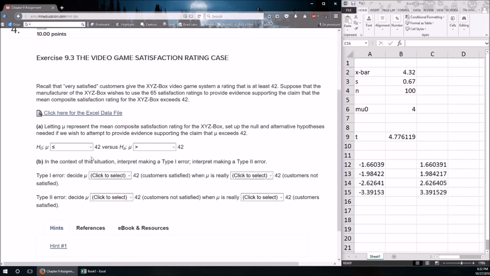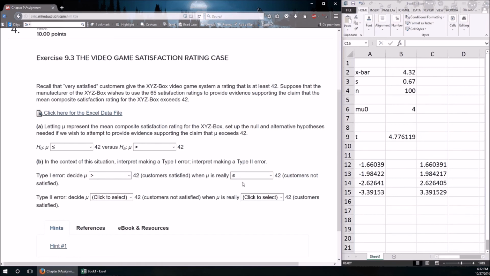So we're going to say that a type 1 error here is that mu is greater than 42, because we just rejected the null hypothesis, when mu is actually less than or equal to 42. We reject the null hypothesis and decide for the alternative, even though the null hypothesis is correct.